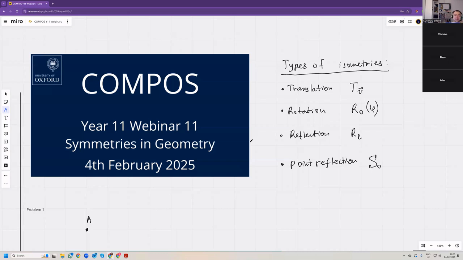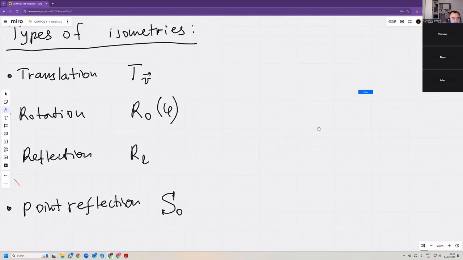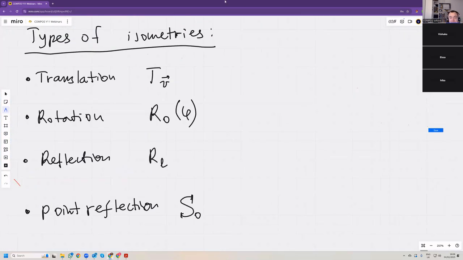So today we're talking about simple stuff: translation, rotation, reflection, and point reflection. So point reflection is the same as an enlargement with a scale factor -1, by the way.